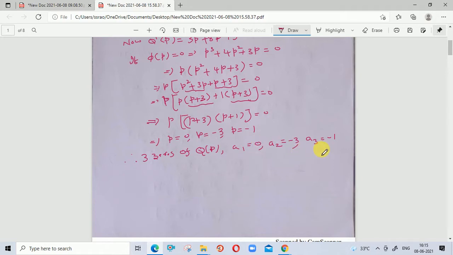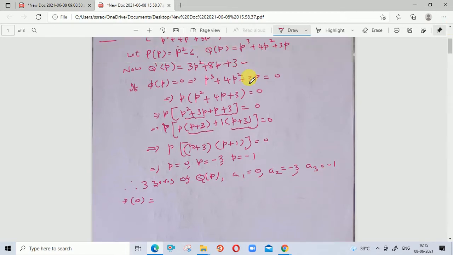Okay, so P of 0. P of p is equal to p square minus 6. P of 0 అంటే 0 minus 6, that is -6.